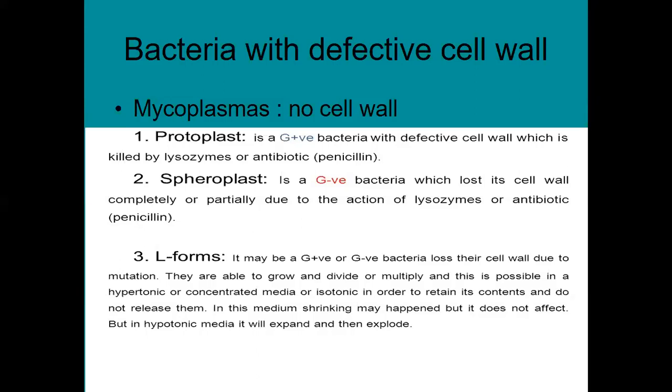They lose the cell wall due to mutation. It can happen in a hypertonic, hypotonic or isotonic medium, in order to retain their contents and not release them. So in this medium, shrinking may be happening.